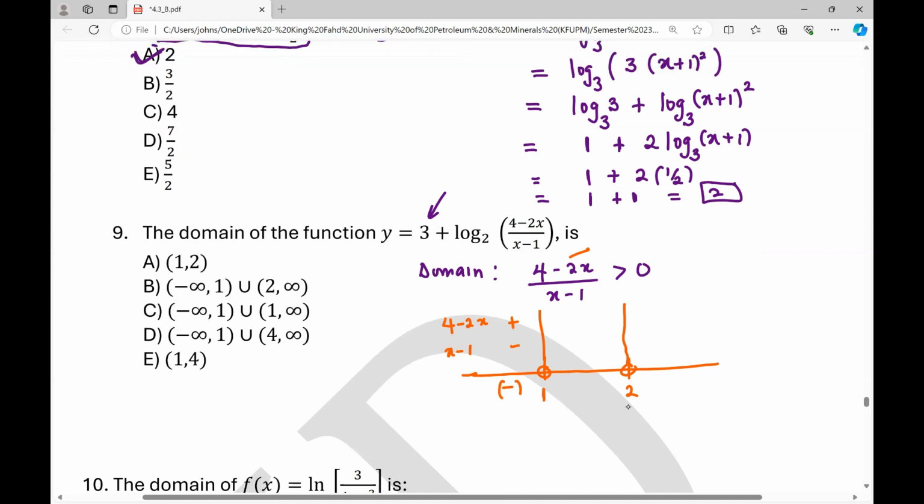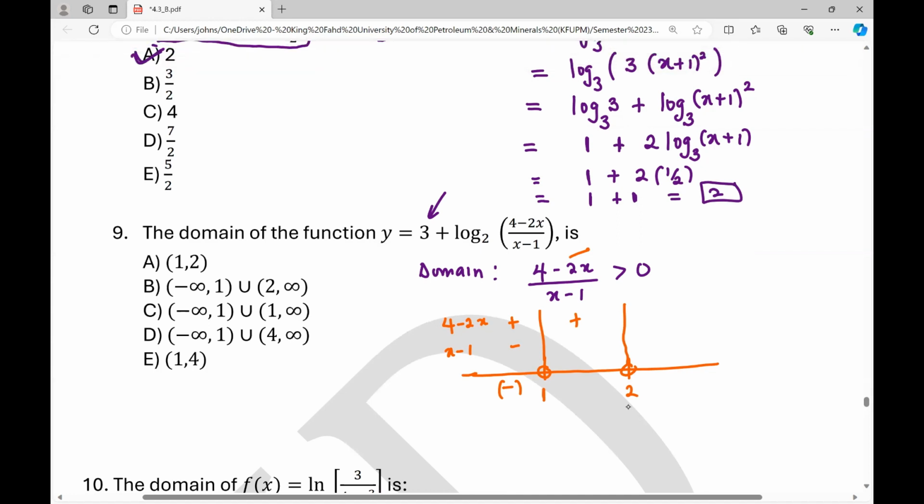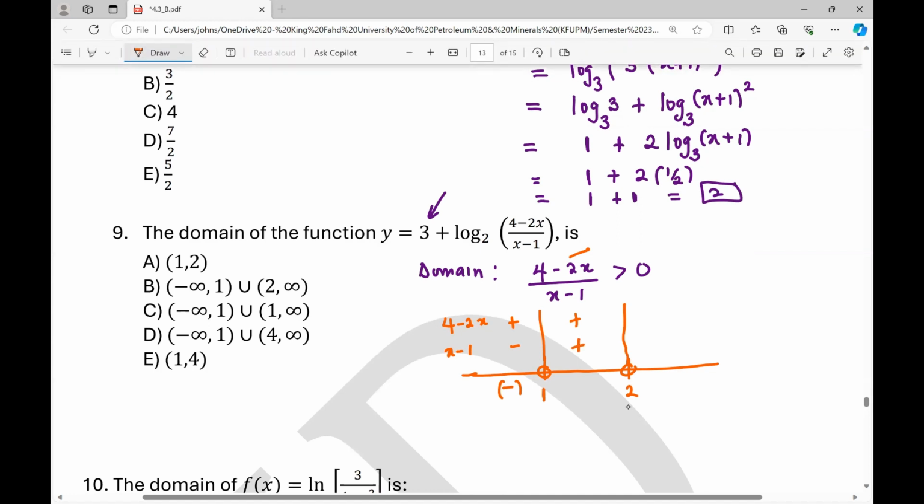Between 1 and 2, you can take 1.5, let's say 3 over 2. If you take 3 over 2, this will still be positive, and this is going to be positive. So this is positive. Between 2 and infinity, you can take 3.